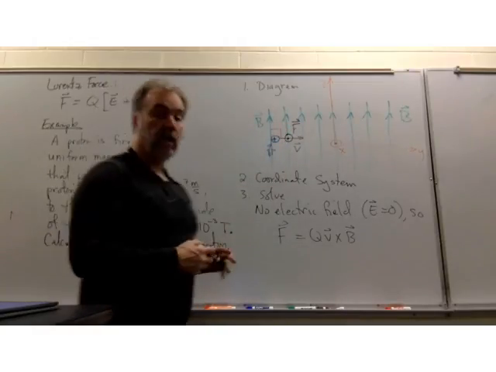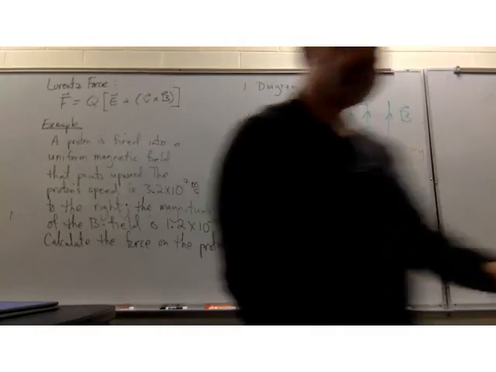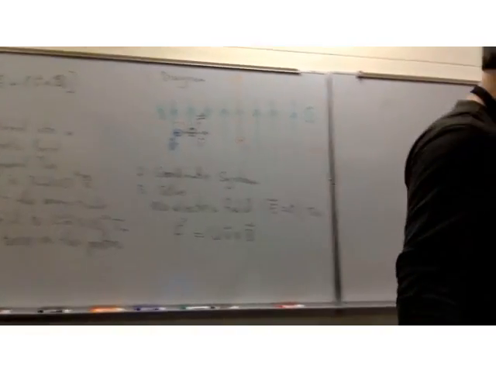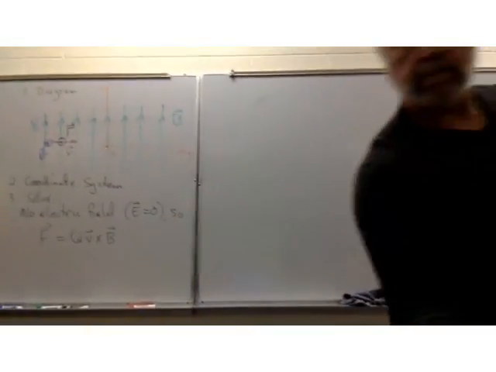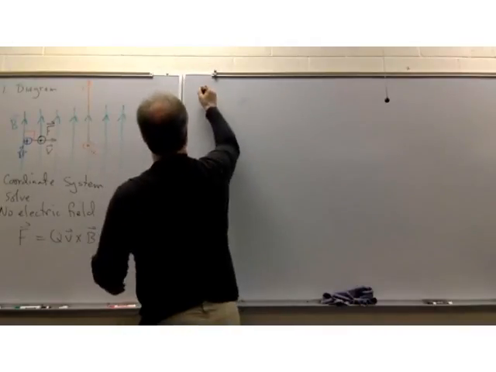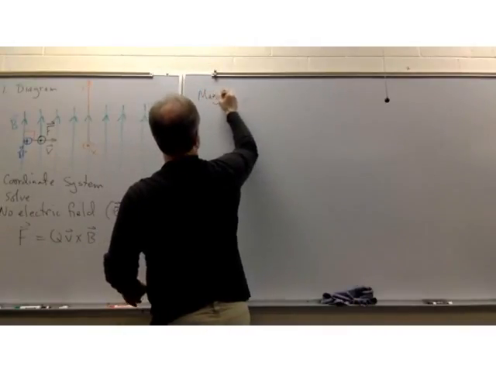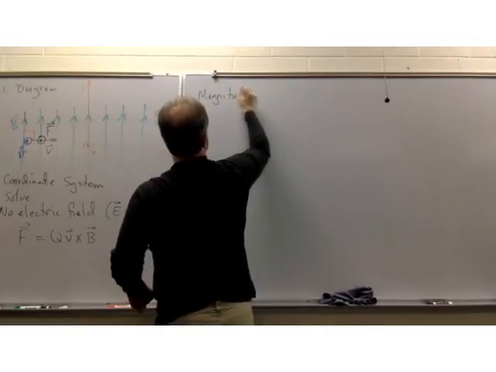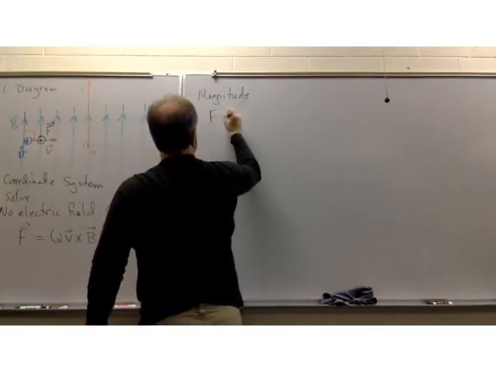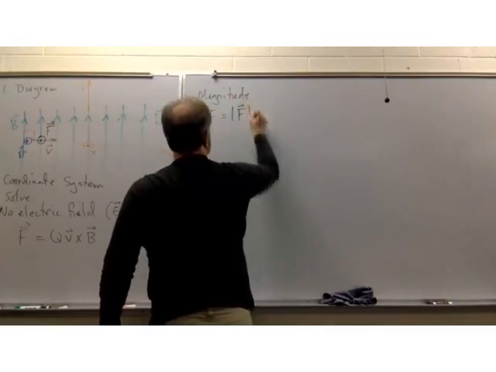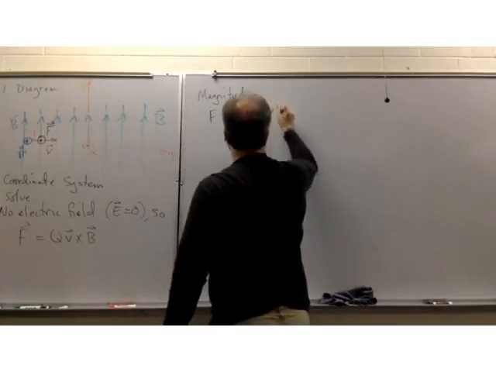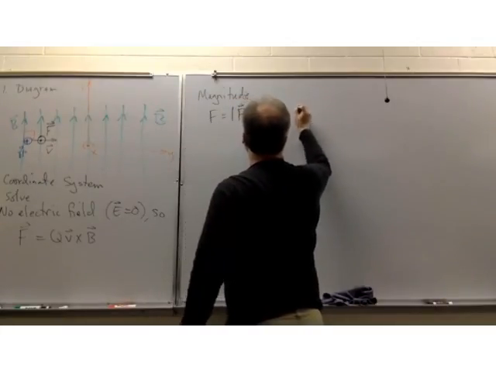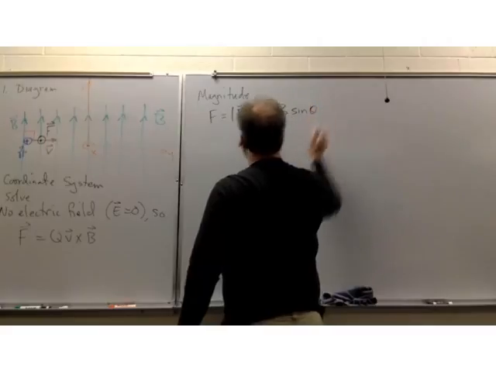Now we need the magnitude, and that, of course, is pretty trivial. The magnitude of F is the magnitude of the first vector times the magnitude of the second vector times the sine of the angle between them.